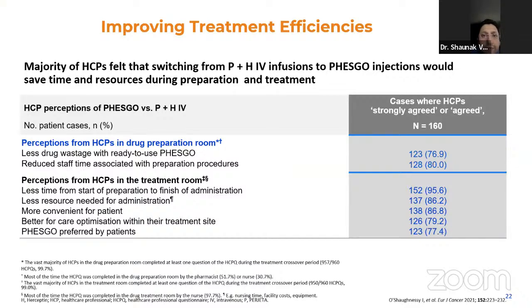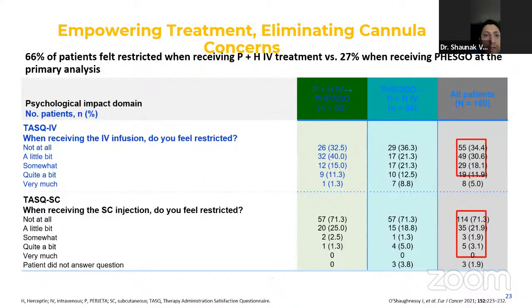Next slide. So 66% of patients felt restricted when using the IV drugs compared to less than 30% when receiving Phesgo at the primary analysis. So the psychological impact when receiving IV was much higher compared to receiving the subcutaneous formulation. Next slide.